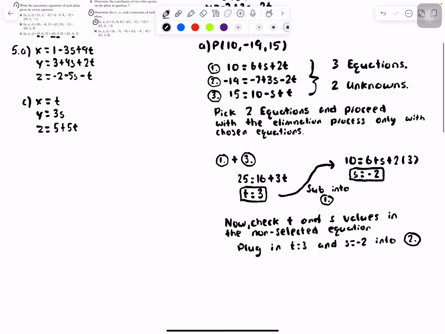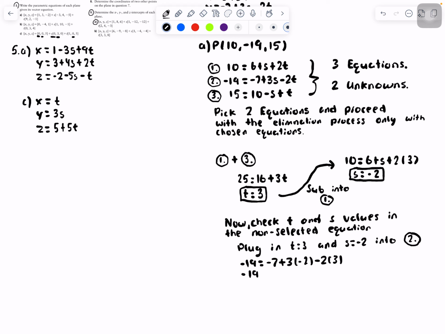Okay, perfect. So what do we get? We get negative 19 equals negative 7 plus 3 times negative 2 minus 2 times 3. Let's check if the left-hand side equals the right-hand side.